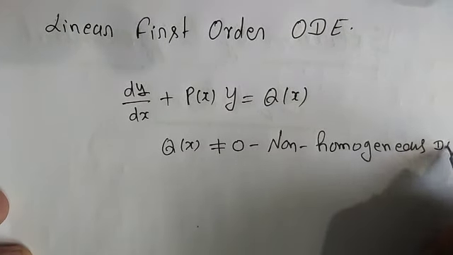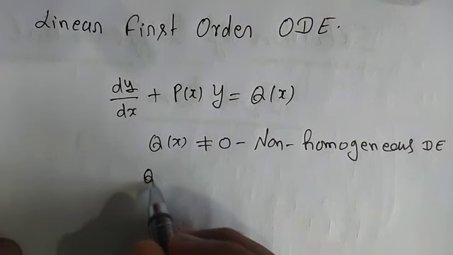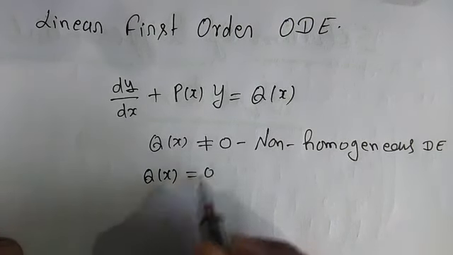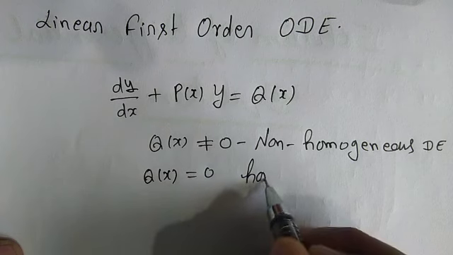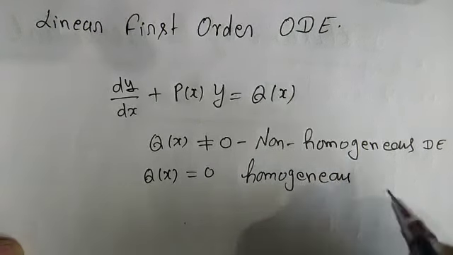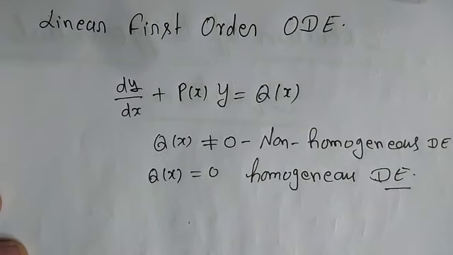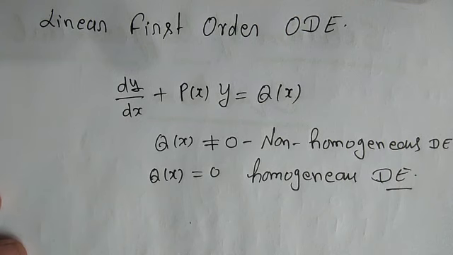And if q(x) equals 0, we say it is a homogeneous differential equation. So let us first see the solution of the homogeneous differential equation.